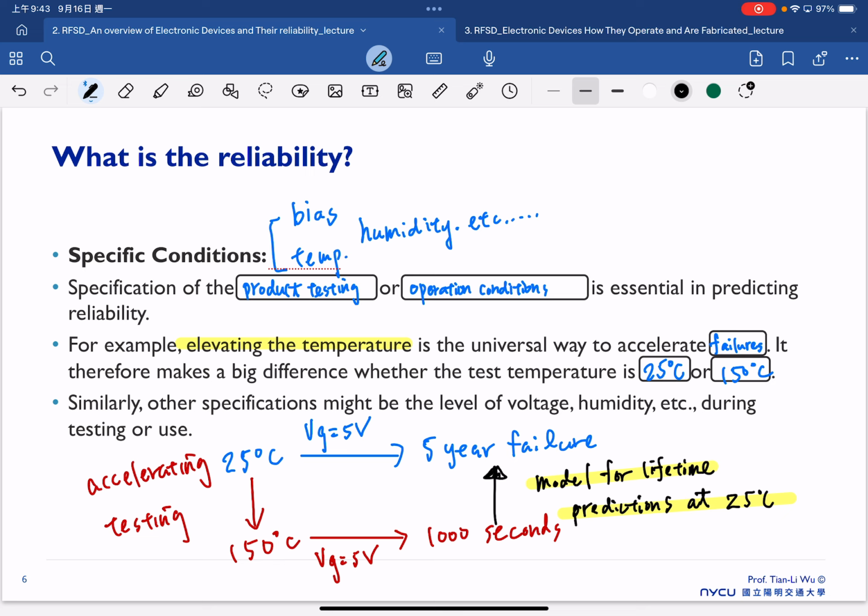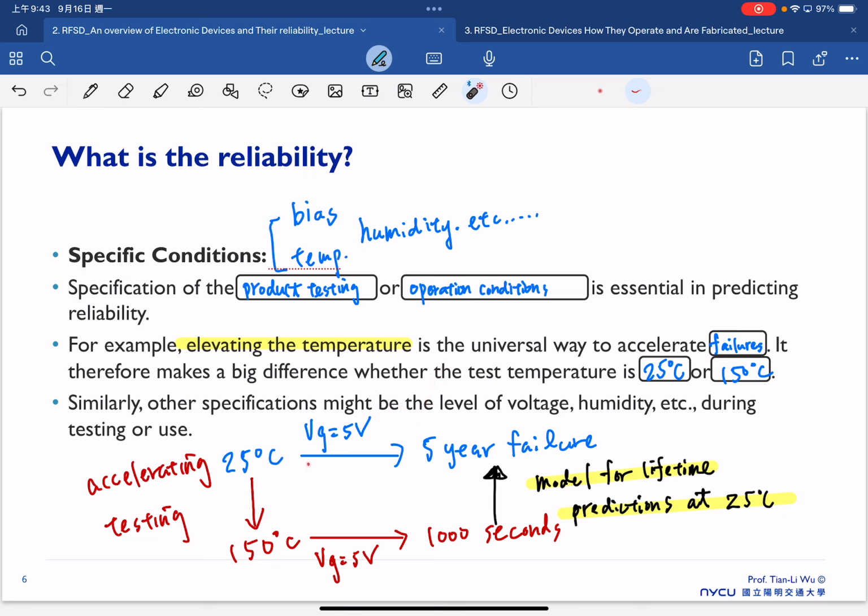So we hope to see the failure happen in a timing that is reasonable for us. This case is very useful because in all of the reliability testing, we always do the accelerating testing.